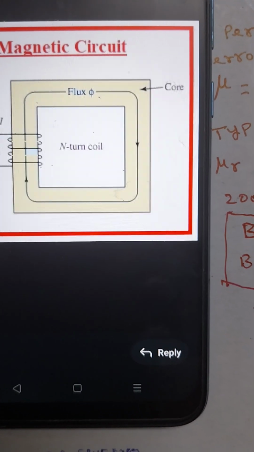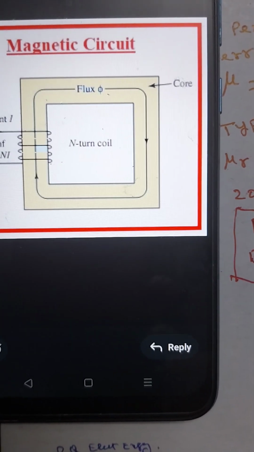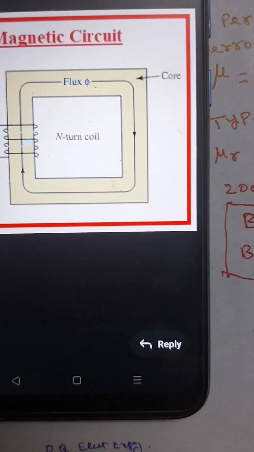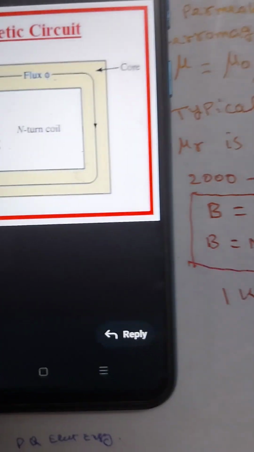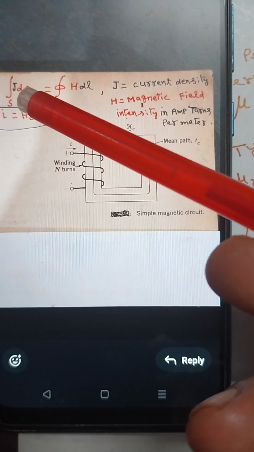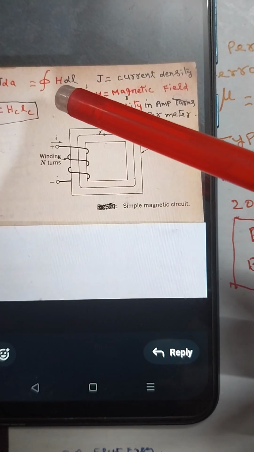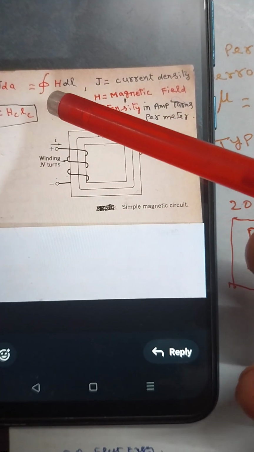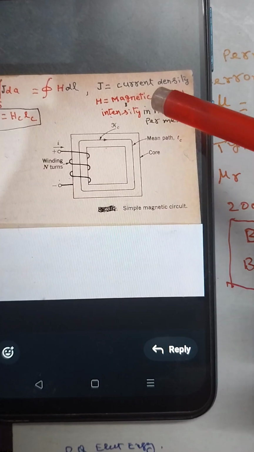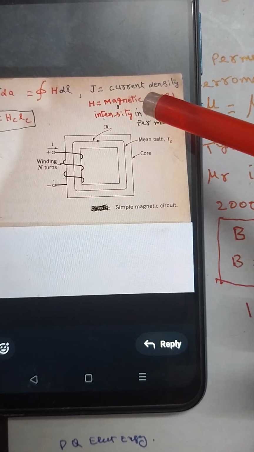So the basic law governing the relationship between electric current and magnetic field is Ampere's law, which states that the surface integral of J dA is equal to the line integral over a closed circuit of H dl, where J is current density in amperes per meter square.